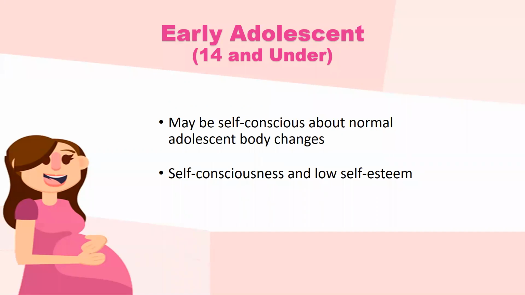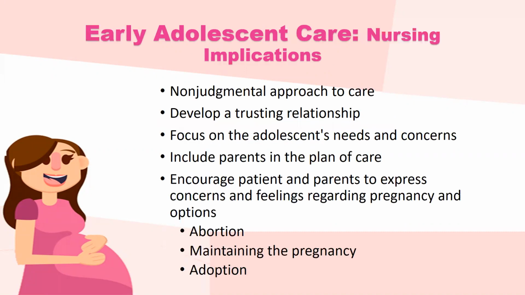The first thing that we need to do with these early teenagers is develop rapport with them, a trusting relationship. That's very important to secure communication during this pregnancy. So a non-judgmental approach is important.